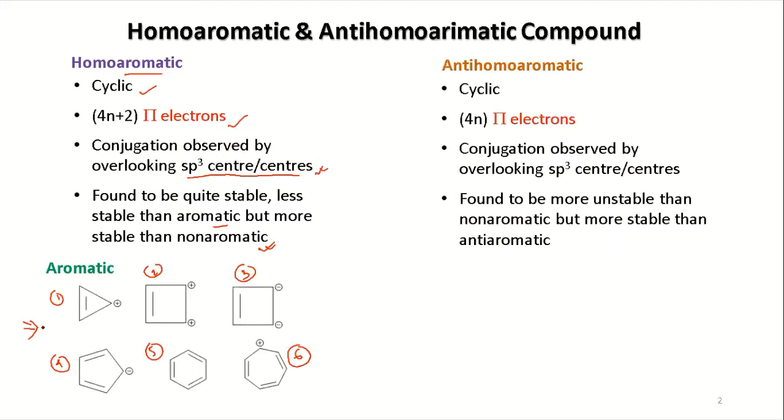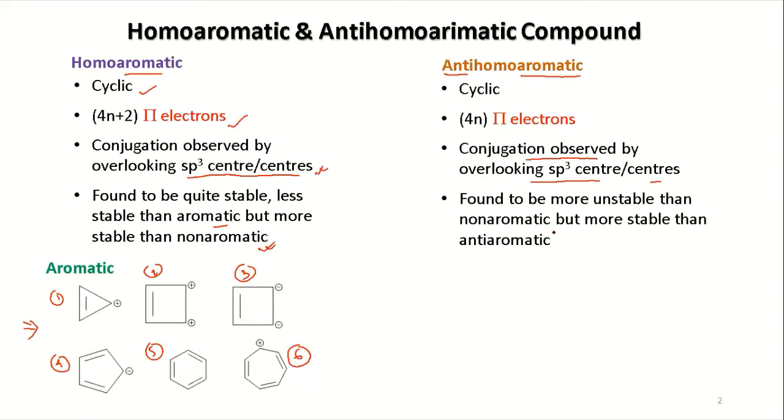Similarly, let us look quickly at the anti-homoaromatic. Here, anti-aromatic is the base. Definition-wise it is similar, only you have the conjugation observed by overlooking sp3 centers. So delocalization has to continue by overlooking sp3 center or centers, so more than one center may be there.